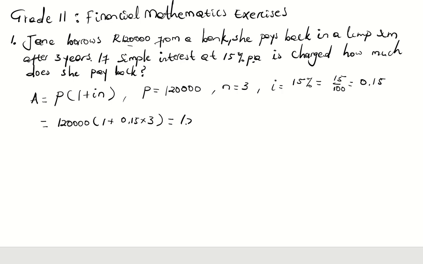Now, just avoiding the calculator a little bit, we can work this out too. What is 0.15 multiplied by 3? Well, we just take the 15 here, multiply it by 3. So that's going to be a 45. So it's 0.45. So we have 1.45. And we multiply that by 120.